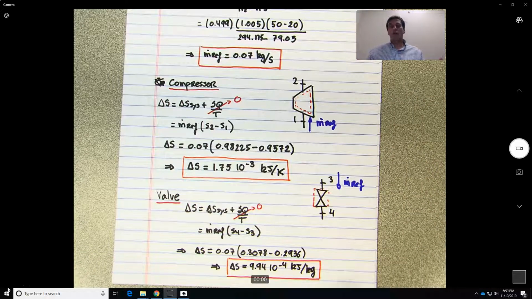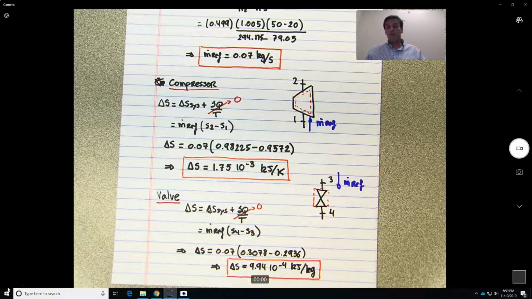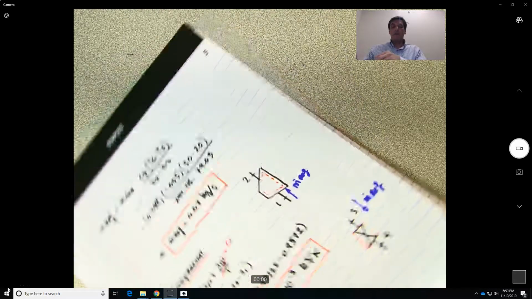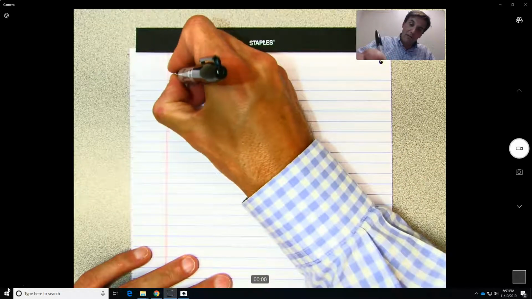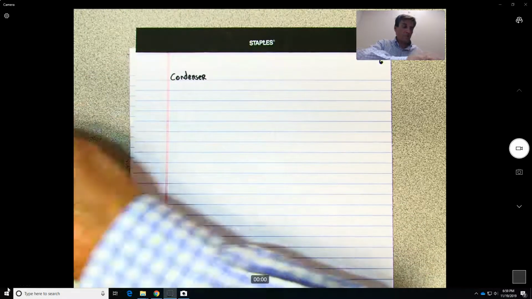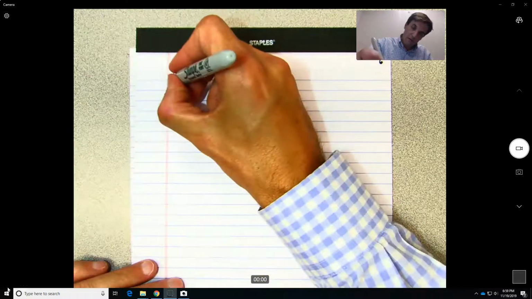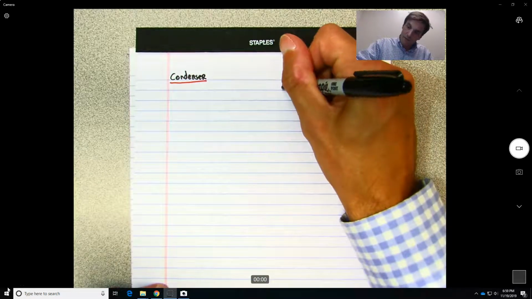Okay, and there's a reason why I leave the condenser at the end, because it's the element where we have both fluids, the air and the refrigerant. So for the condenser, again, let's do a quick figure.